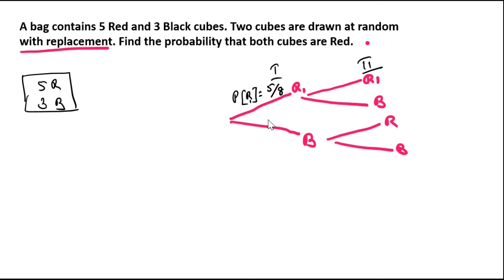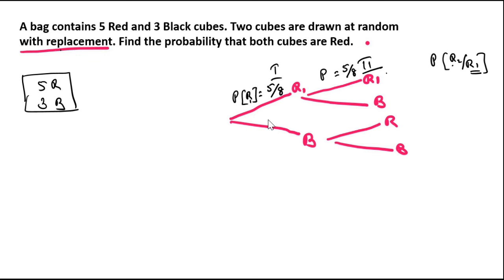Now we are keeping back that red cube with the replacement. So the total is again red 5 and total 8. So the probability is again 5 by 8 only. But here, R1 has happened, then again R2. In the previous case we wrote probability of R2 given R1, meaning the first ball is red and the second ball is also red.